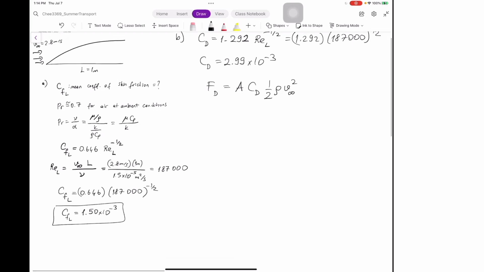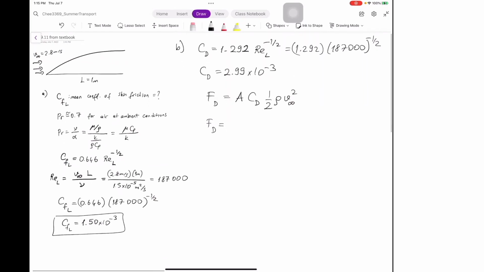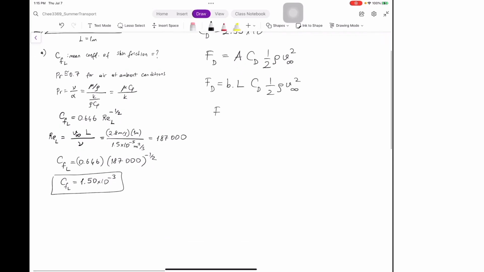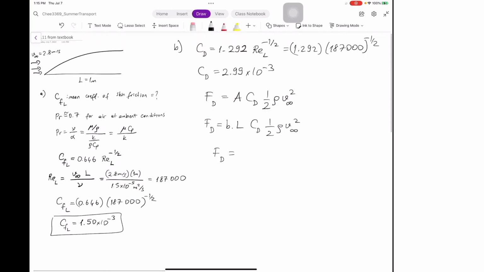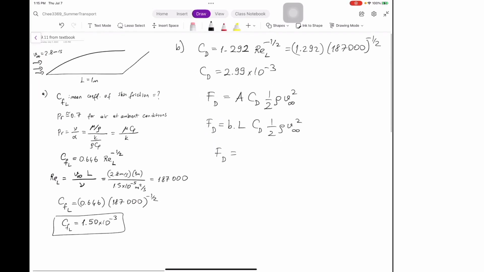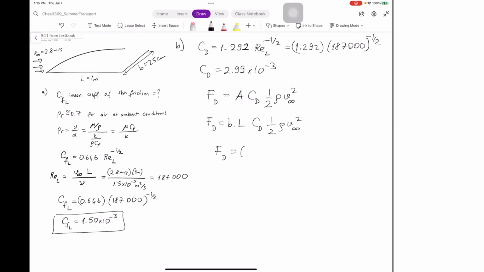So FD is equal to the area of this plate, B times L. B is given as 25 centimeters, which is 0.25 meters.